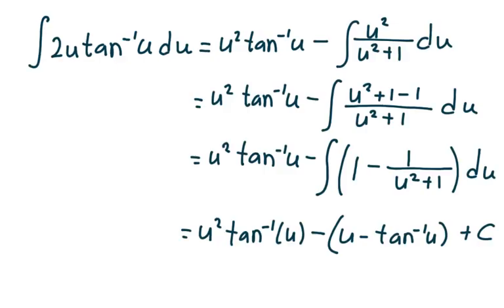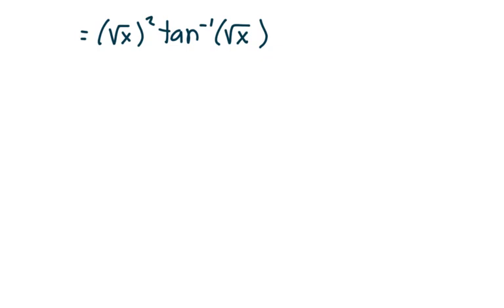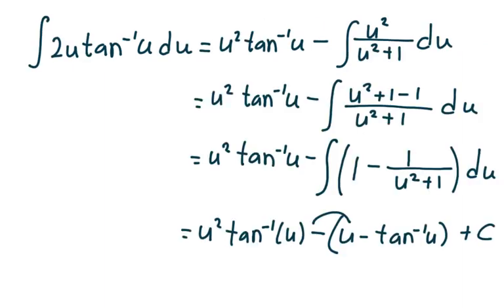But remember, u is the square root of x. So this is the square root of x squared arctangent of square root of x, right? And then I'm going to go minus the square root of x plus arctangent of square root of x plus c. Let's double check. Yep.